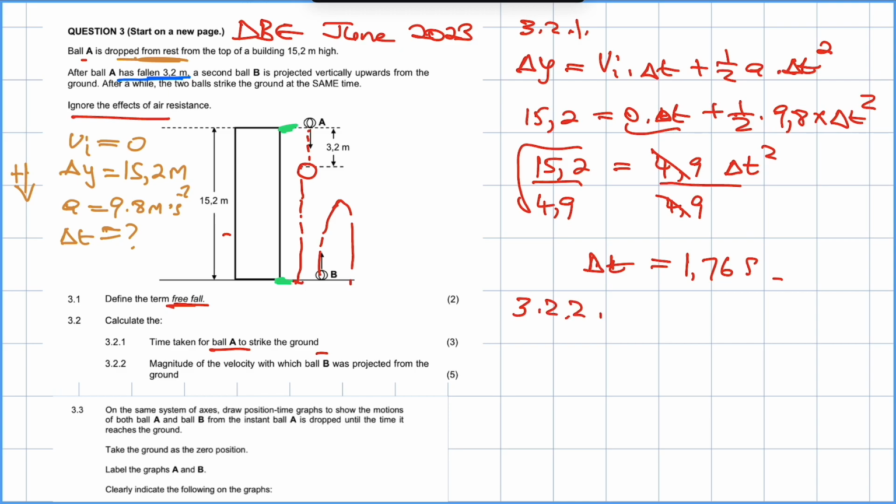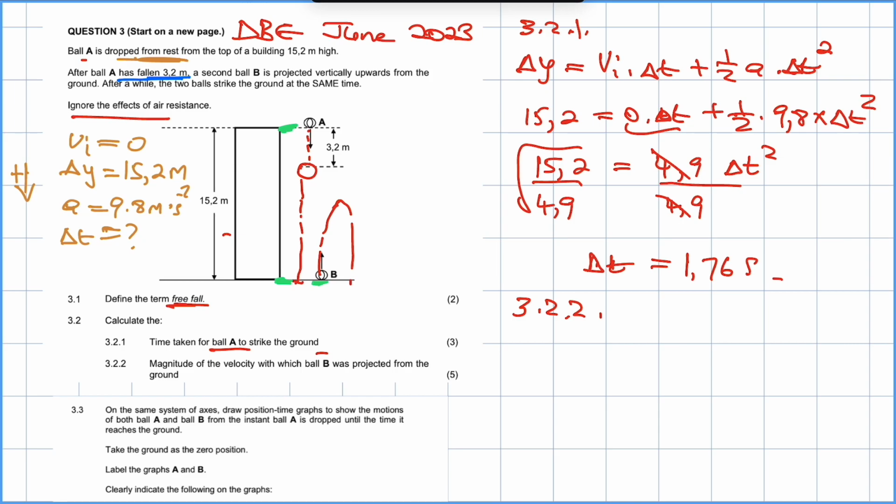And then question number 3.2.2, calculate the magnitude of the velocity with which ball B was projected from the ground. So for ball B, we are looking for the initial velocity. What do we know about ball B?